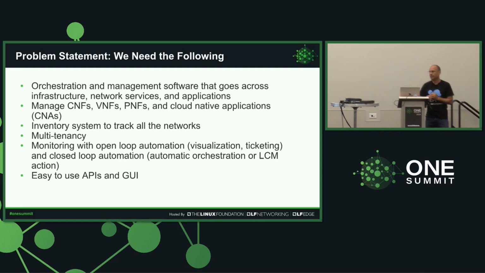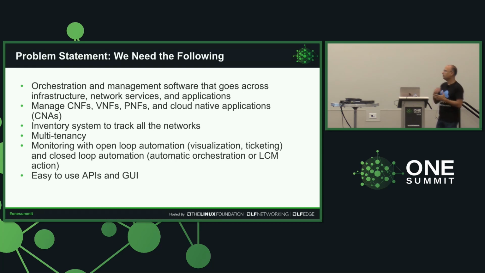And so we need the following. We need orchestration and management software that goes across infrastructure, network services, and applications. We need to be able to manage CNFs, VNFs, PNFs, and cloud-native applications. We need an inventory system to track all these elements. We need multi-tenancy.